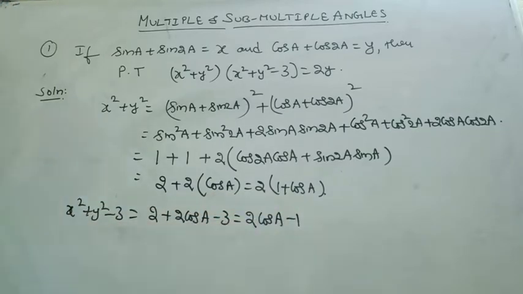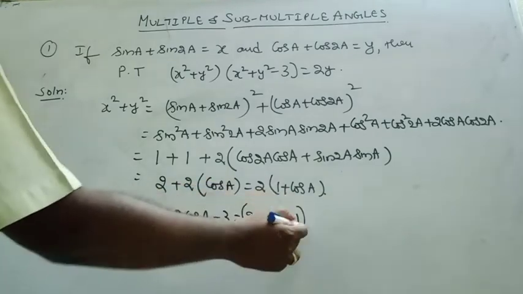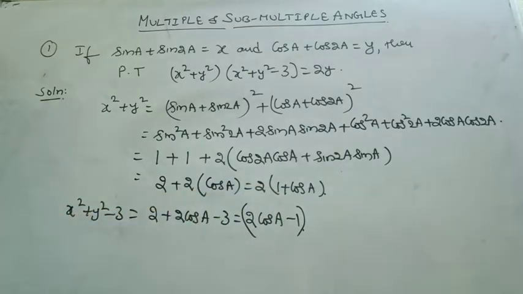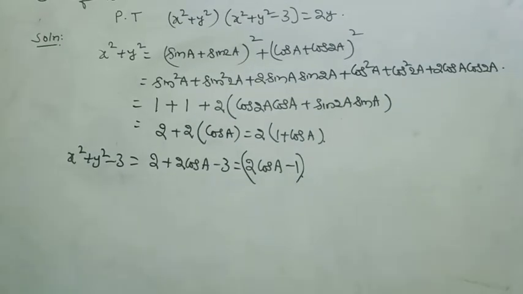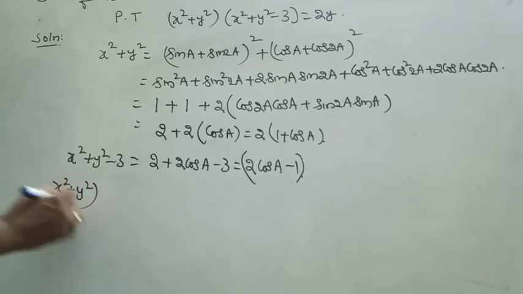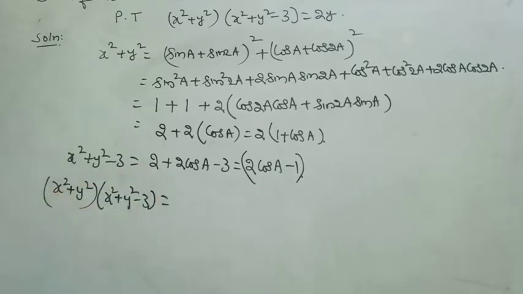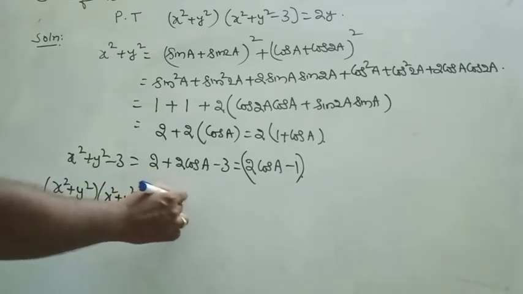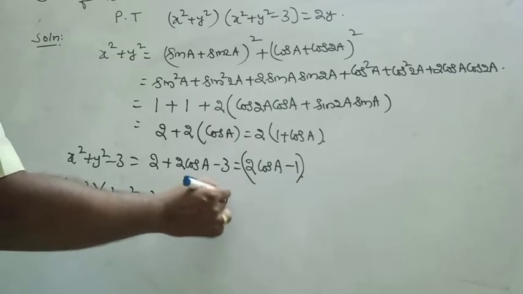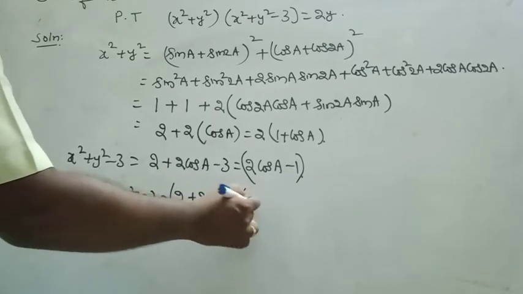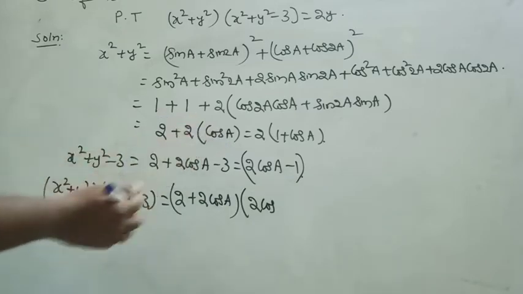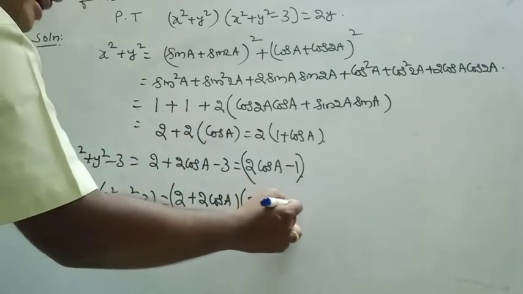Now we need to multiply the things we have here. Please observe, my dear students: x square plus y square into x square plus y square minus 3, where x square plus y square is 2 plus 2 cos A, and x square plus y square minus 3 is 2 cos A minus 1.